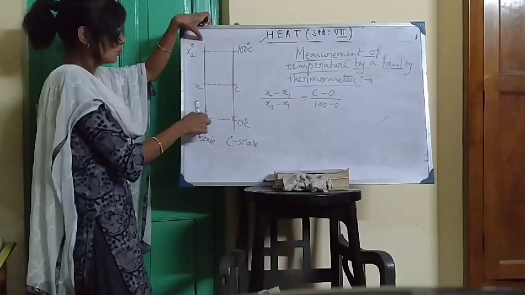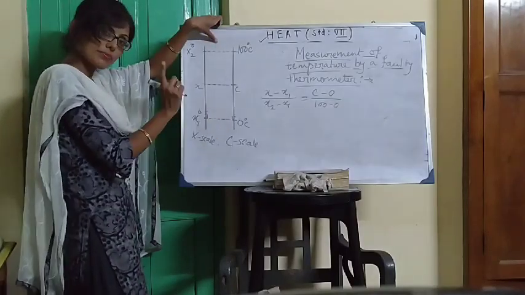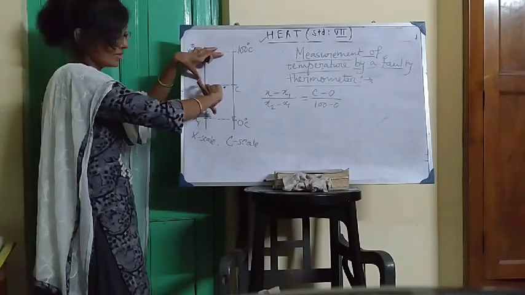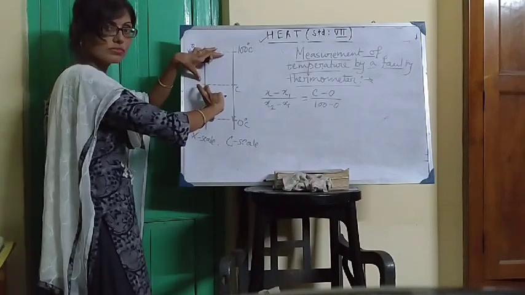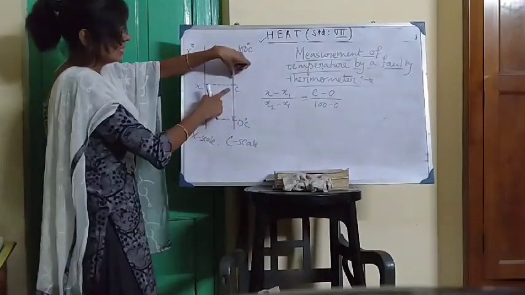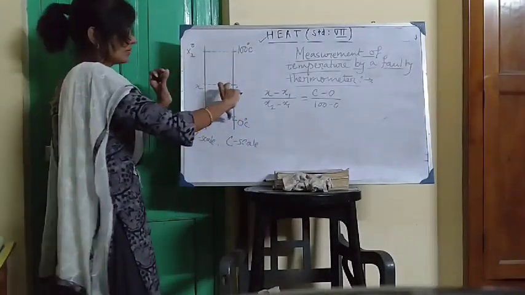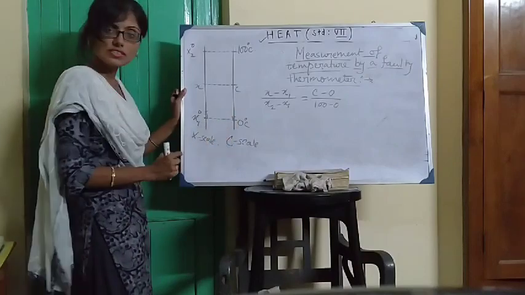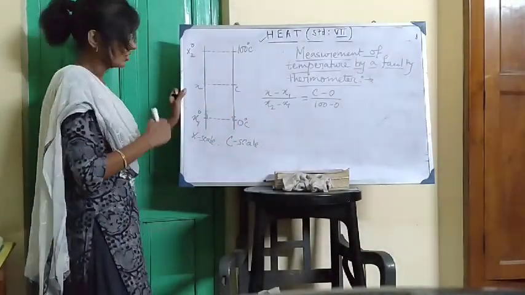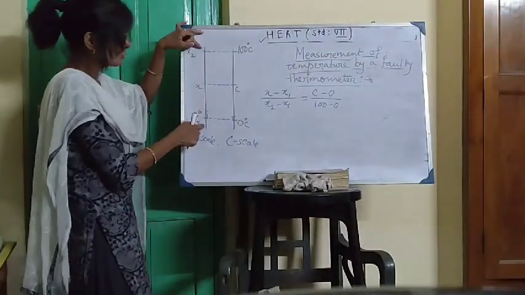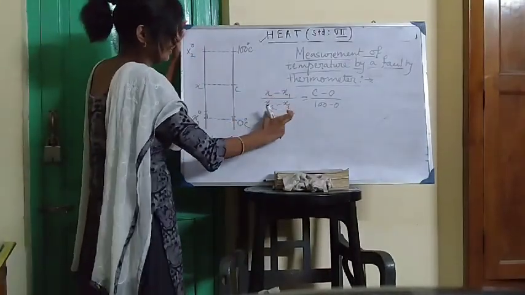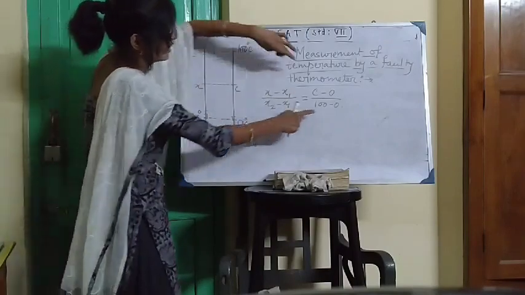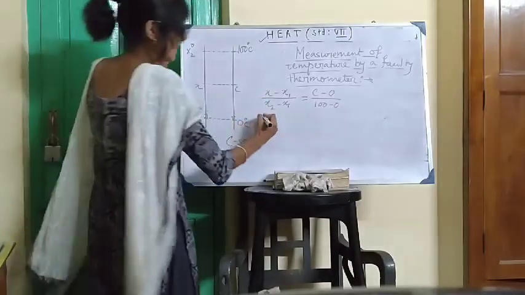These two differences are same from the diagram, right? x minus x1 means the particular temperature minus lower fixed point of the faulty thermometer is equal to C minus 0, that means the particular temperature in Celsius scale minus the lower fixed point of Celsius scale. Taking the ratio, x minus x1 divided by x2 minus x1 is equal to C minus 0 divided by 100 minus 0, right?